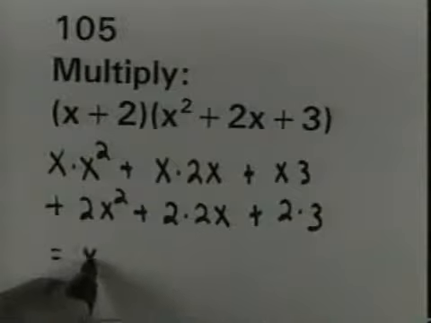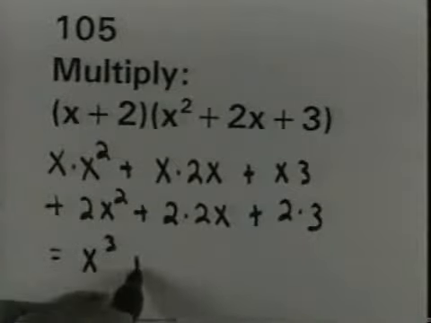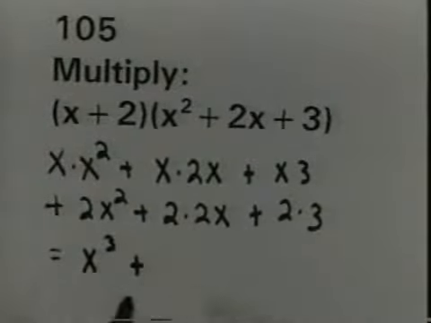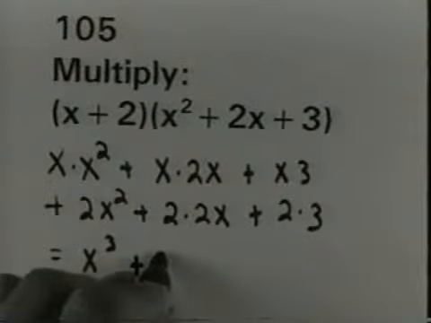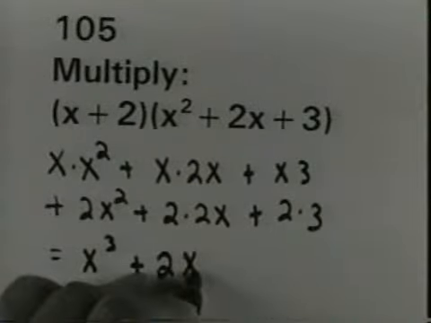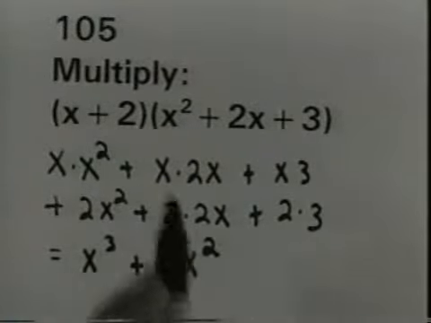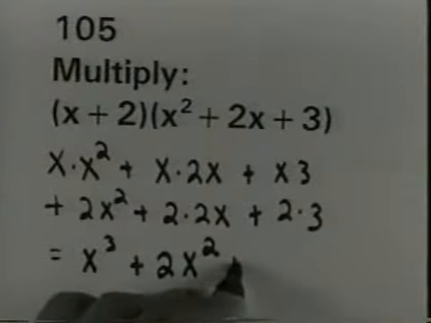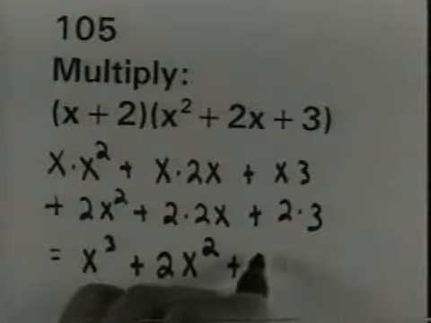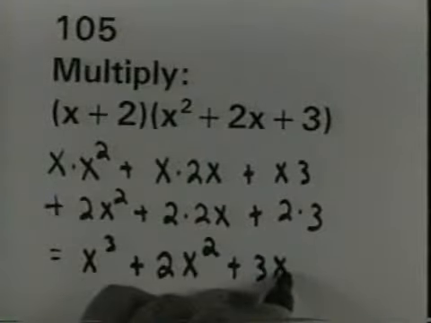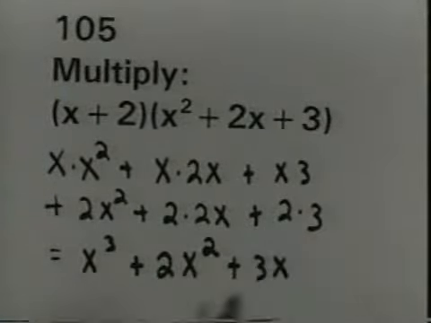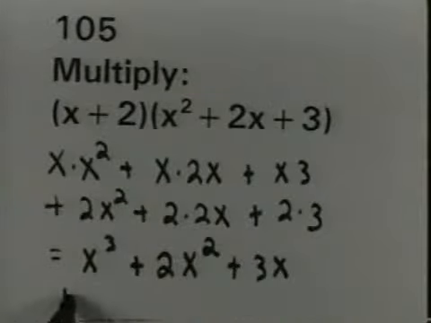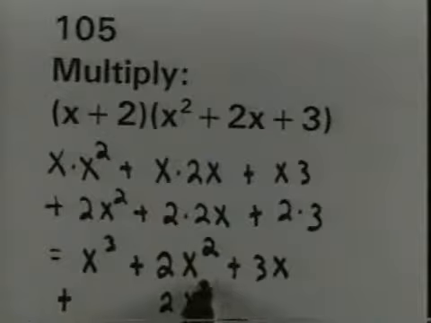Which gives me x cubed. X times x squared is x cubed, plus 2x squared. X times x is x squared, and I've got the 2. Plus x times 3 is the same as 3x. Plus the 2x squared.